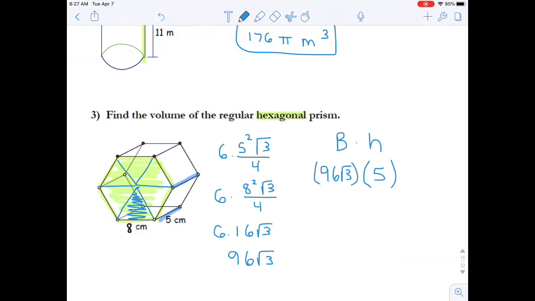So again, keep this stuff very formatted, because what I notice a lot of mistakes is we're forgetting to multiply by something, or we only do something once. To finish it off, 5 times 96. Again, outsides with outsides, gives us 480 root 3 centimeters cubed.